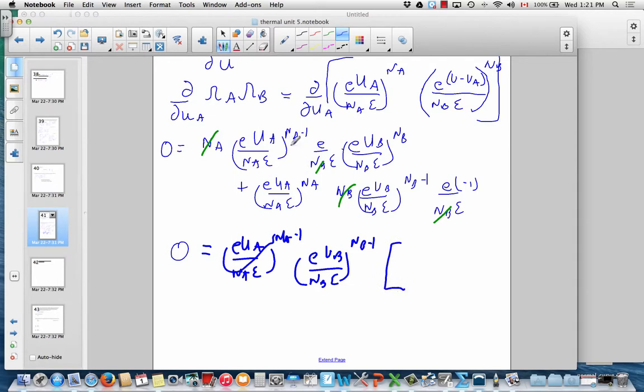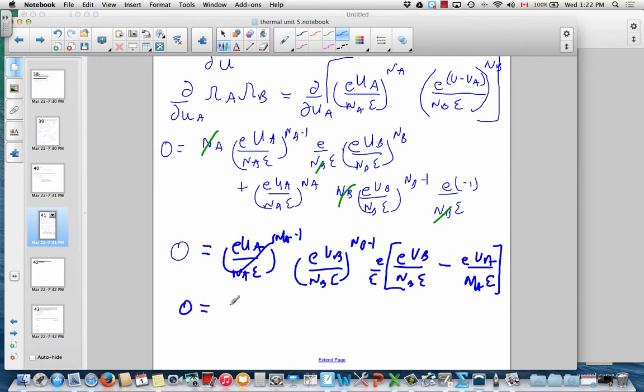And so what I'm left with here is a UB, just one of these terms. So it's E UB over NB epsilon. And then I can also take out the E over epsilon term. And so I'm left with one of these, and then a minus 1 in this term, and then one of these. So there's another E over epsilon that gets pulled out and canceled, because I can divide through by this, because it equals 0 on this side.